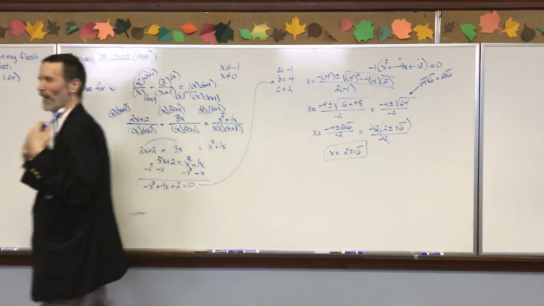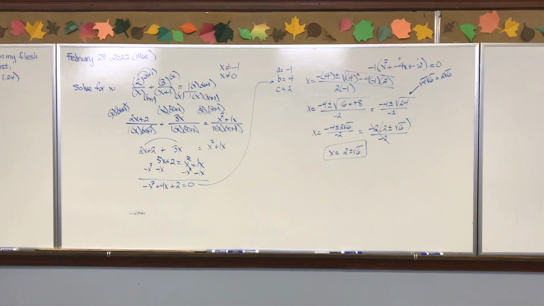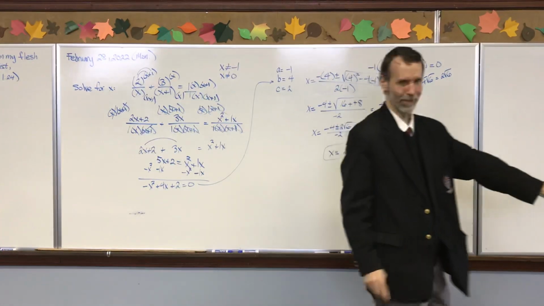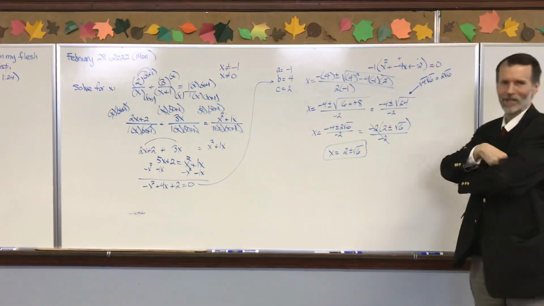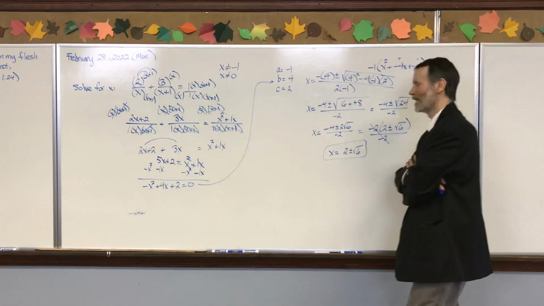If you punch those into a calculator, you get some pretty disgusting decimals. One of them is like 4 or 5 point something, and the other one is a little bit negative, negative 0 point something. You do not have to get decimals for those, just leave them as is. Questions? On your homework, it's probably going to be nicer numbers than this.